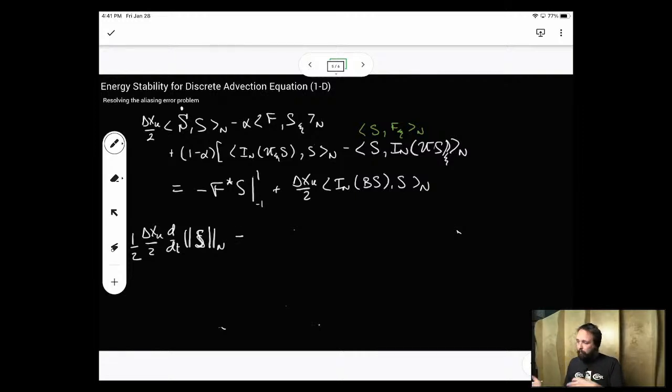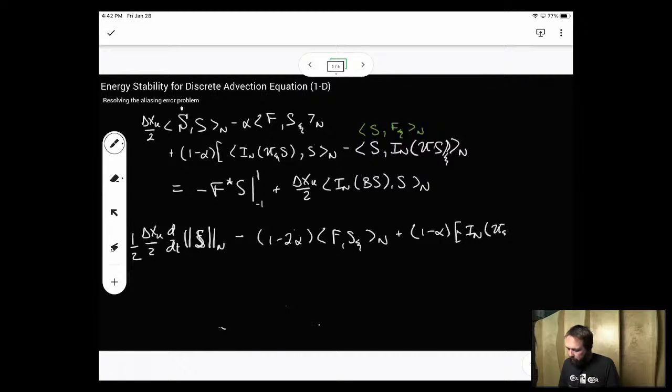Now what I end up with when I apply that summation by parts is a 1 minus 2 alpha out front, f ds dc n, and then I'm left with 1 minus alpha, and then I just have this term left over. So I've got interpolant of ucs with s inner product with respect to n, okay?